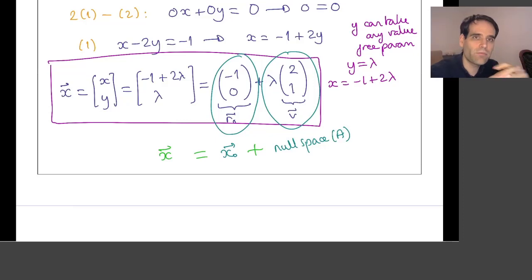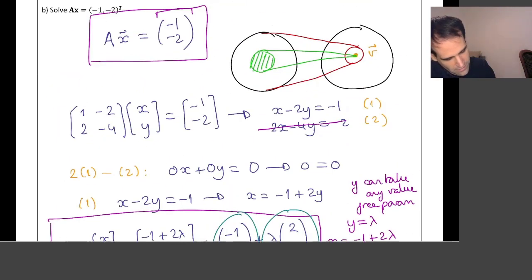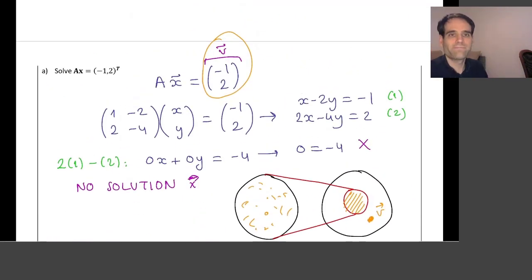And at the end of that chapter, I will show you how to calculate the range and the null space of a matrix in a simpler way. So basically, by solving using Gaussian elimination, you will see a technique of calculating the range and the null space, which is a bit easier than how I did it here. Okay, so thank you very much for watching.